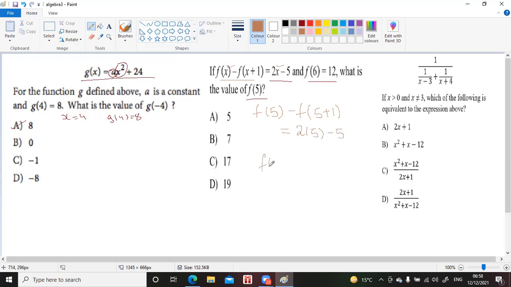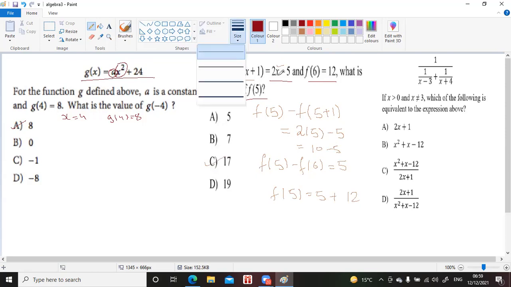So we have f of 5 minus f of 6 equals 5, because this is 10 and this is minus 5. Now f of 6 is 12. So f of 5 is 5 plus 12. So the answer is 17. Do you get it? Yeah, I got it.